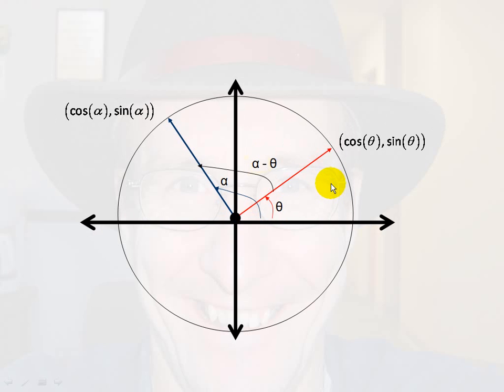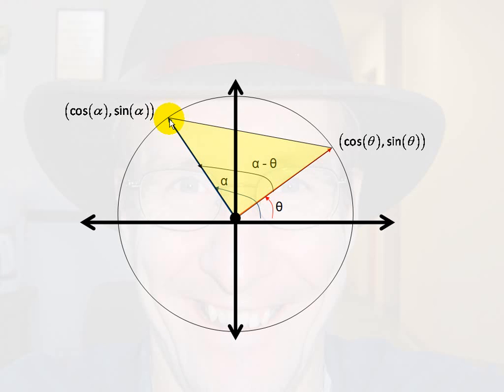And what I want to do is take special note of the distance from cosine alpha, sine alpha to cosine theta, sine theta. And I'll go ahead and connect those 2 points with a segment. And to aid with the visualization, I went ahead and filled in the triangle that's now formed by the 2 segments and this line connecting the points.